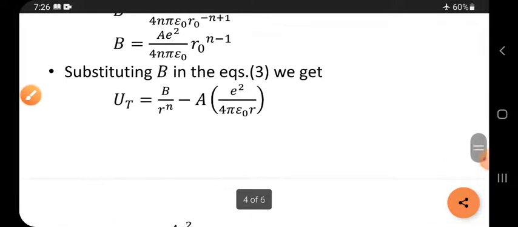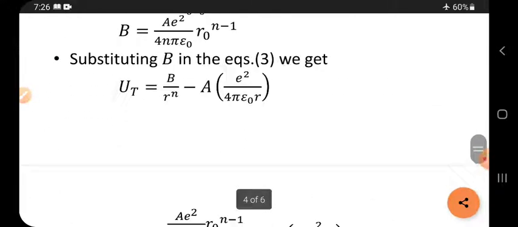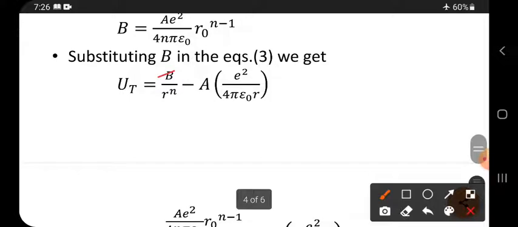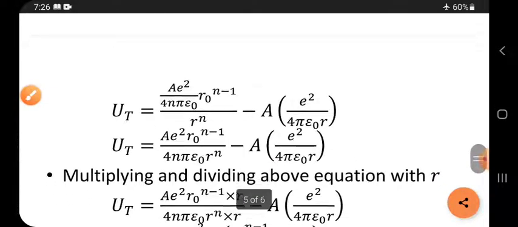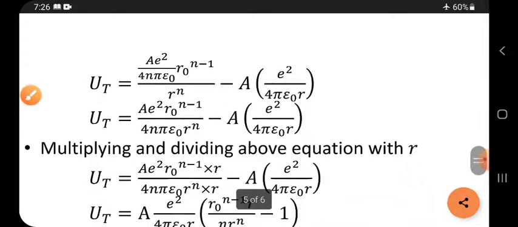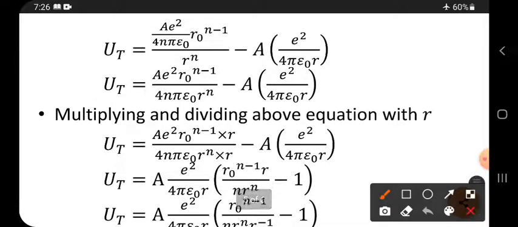See equation 3, what is that equation 3? This is equation 3, and here substitute this value. Okay. Now see, a e square by 4 pi epsilon naught r naught power n minus 1 by r power n.